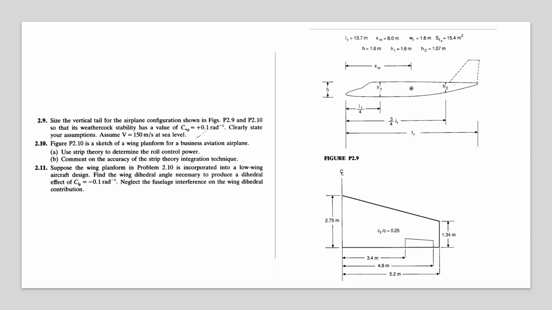The question asks us to find the weathercock stability, which is directional stability, C N beta, and it should have a certain value. And directional stability is provided by the vertical tail. So effectively, the question is to design the vertical tail. Now, by designing the vertical tail, we mean we have to find the dimensions of it.